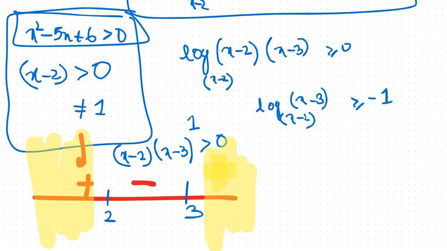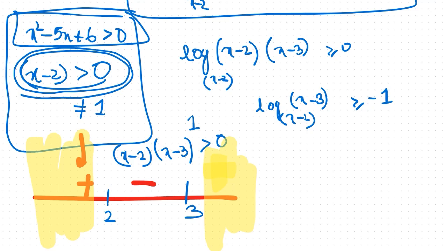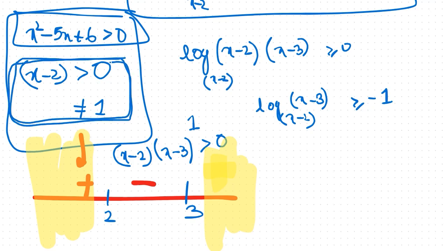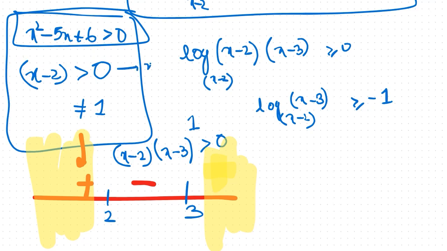So x is less than 2 and x is greater than 3. Also, we need to impose the condition that x minus 2 is positive, which means x is greater than 2.